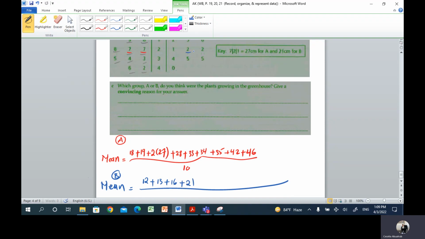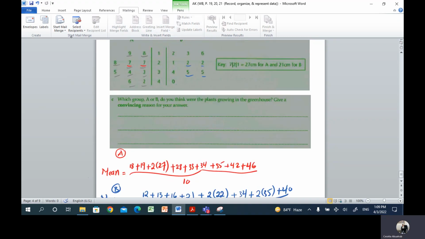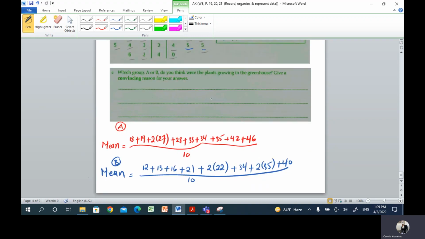And as you can see here, 22 has been repeated twice, so it will be plus 2 times 22 plus 34 plus, as you can see, 35 has been repeated twice, so it's 2 times 35 plus 40. And the number of data, if you count them here, it will be 1, 2, 3, 4, 5, 6, 7, 8, 9, and 10. So the number of data is 10. And that's how you find the mean.